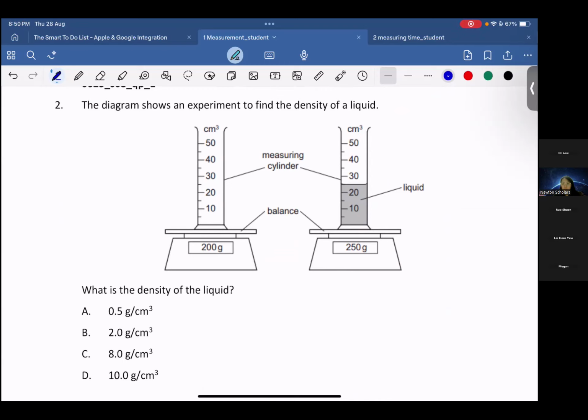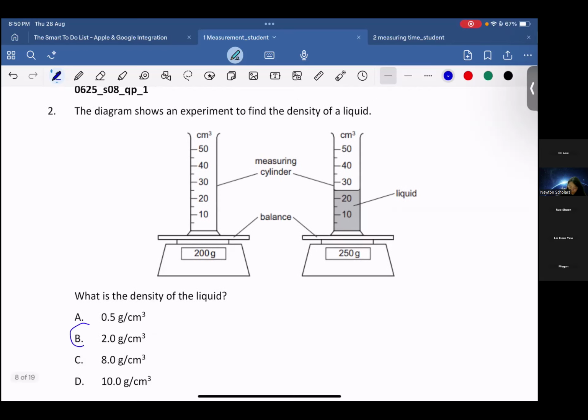Not D. Not A. We told Megan, Emily, and now Lai Hern Yu also has the correct answer. The answer should be B.